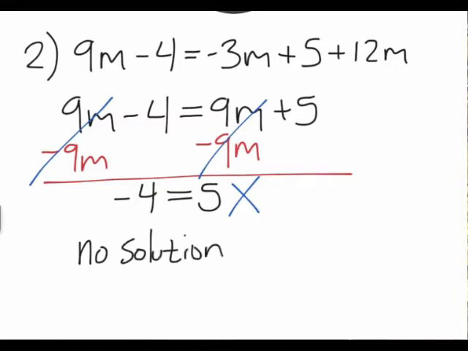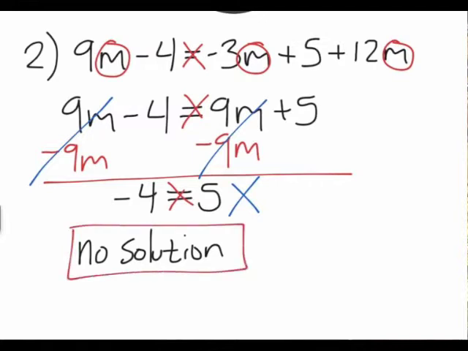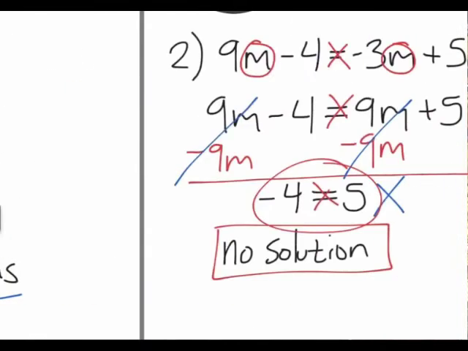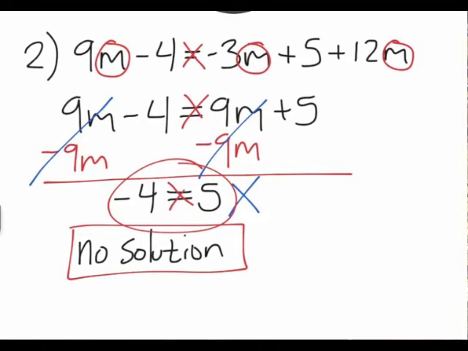In other words, there is no number that we can stick in for m in the original equation that will ever make this a true statement. Okay? So no solution. So compare and contrast this situation here with the situation that we encountered in the last problem. All right? Okay, so let's move on to a slightly different type of problem.